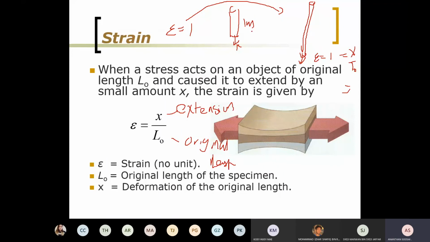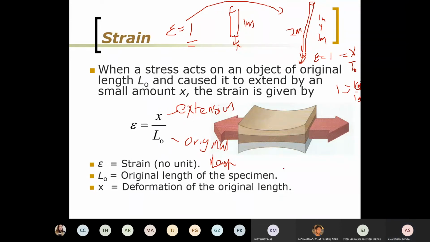Original length is 1 meter, so the extension alone is 1 meter. So the total length of the wire now is the original 1 meter plus an extension of another 1 meter, so 2 meters now. If a wire extends by the exact length of the original length, we say strain is 1.